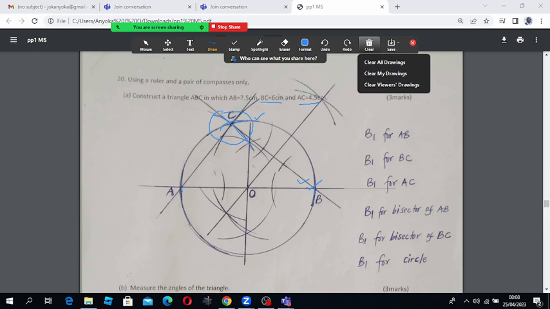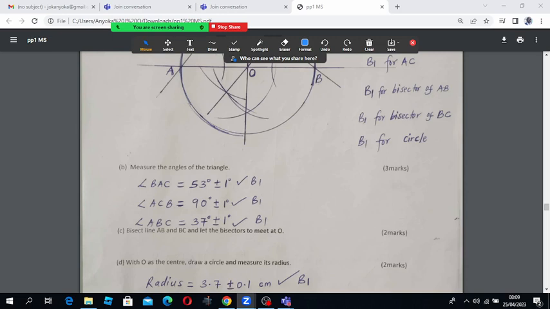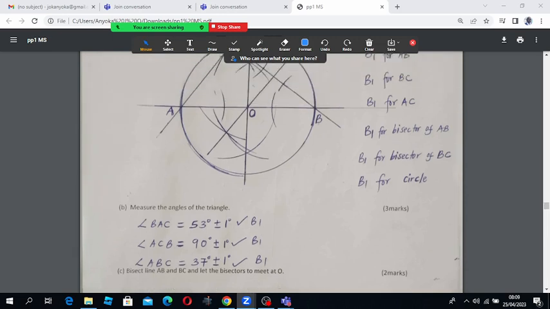So there's nowhere we have used the protractor, but these arcs are very necessary. Then, we are supposed to measure the angles of the triangle. Try to be as accurate as possible.